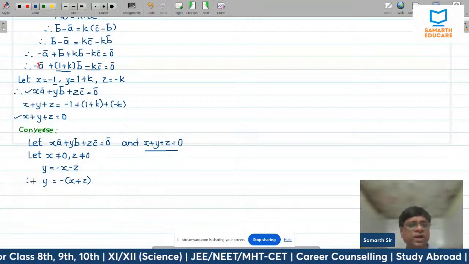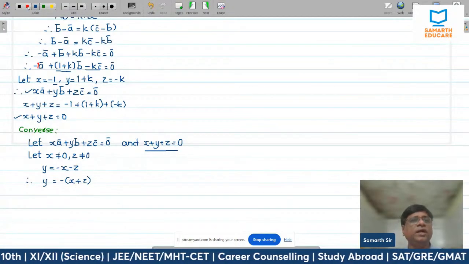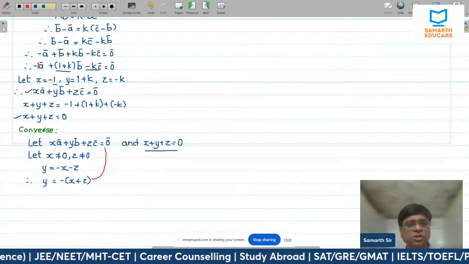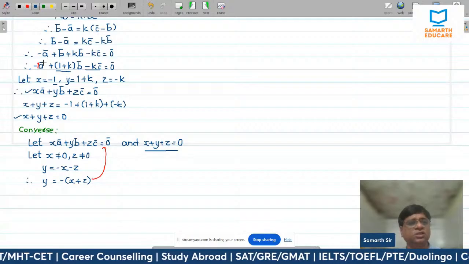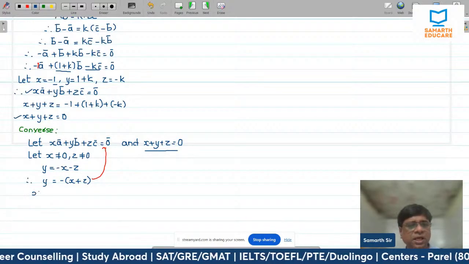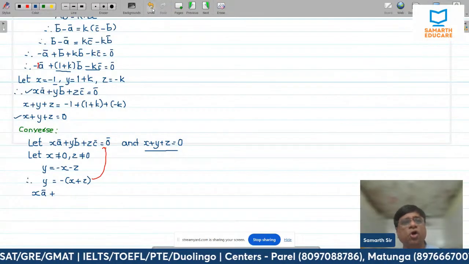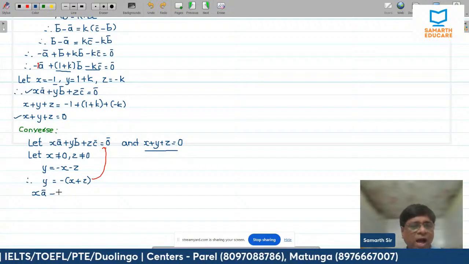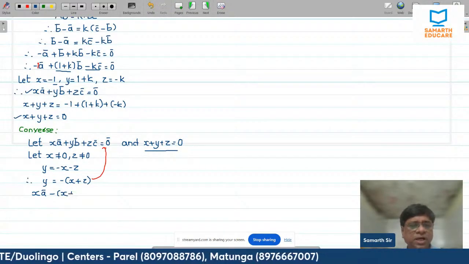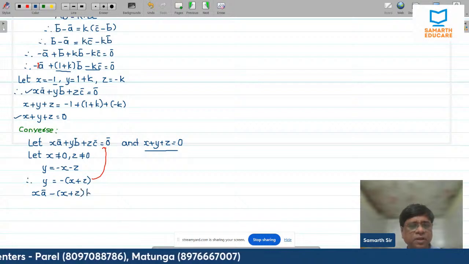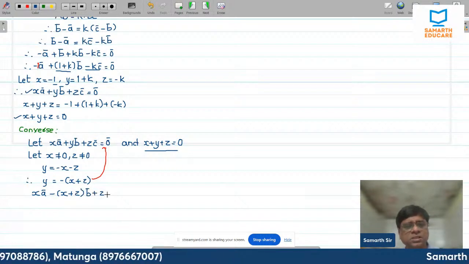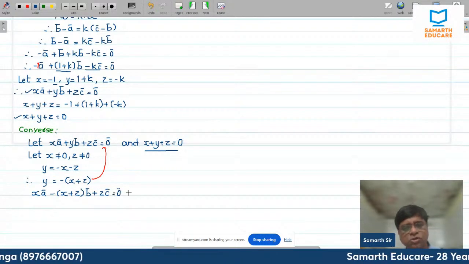Right. Now if I substitute this, because this is again the given condition, then x a bar plus, now it will not remain plus, because y will be replaced by minus of x plus z, b bar plus z c bar is equal to 0 bar.